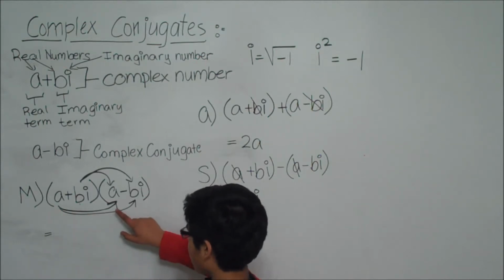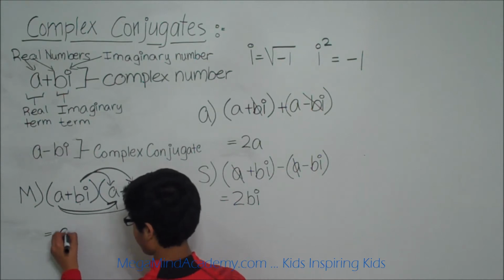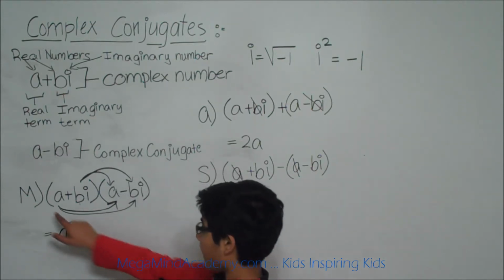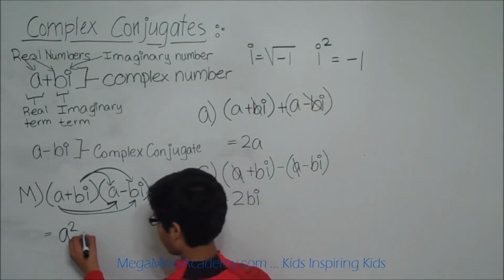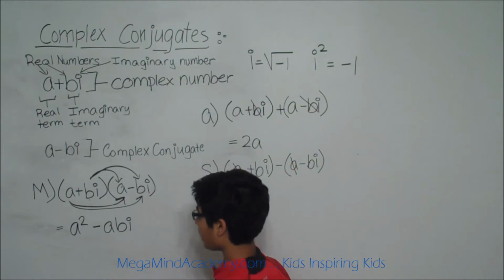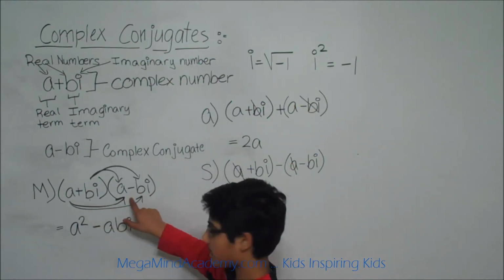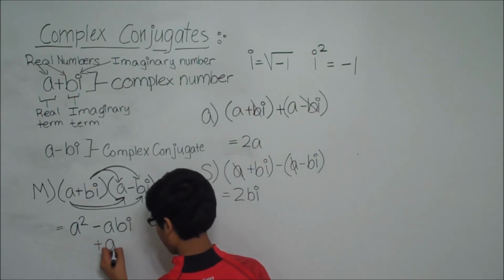So a times a is equal to a squared, and then we have a times negative bi, which is equal to negative abi. And then we have bi times a, which is equal to positive abi.